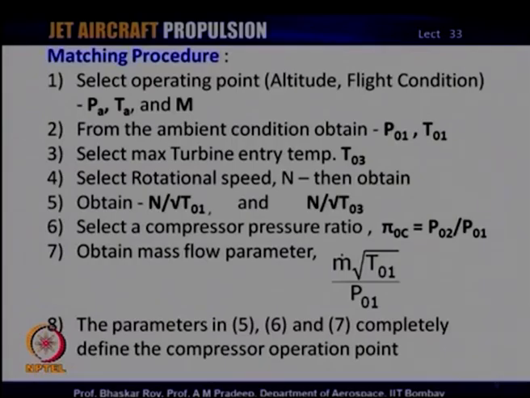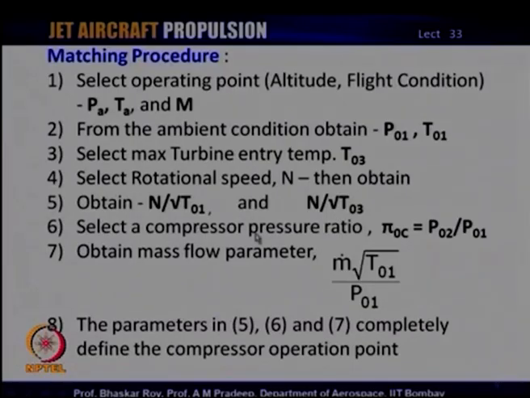For the HP spools, the LP spools would be lower than that. And then of course, you get two normalized speed parameters, one with reference to the compressor temperature, another with reference to the turbine temperature. So, the first one is normally used for characterizing the compressor performance, the second one is normally used for characterizing the turbine performance.